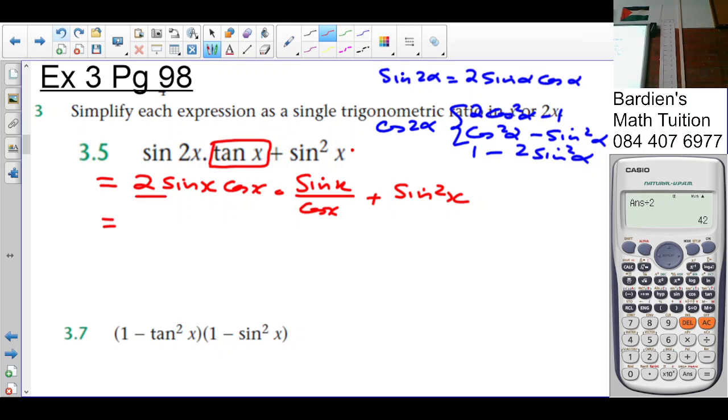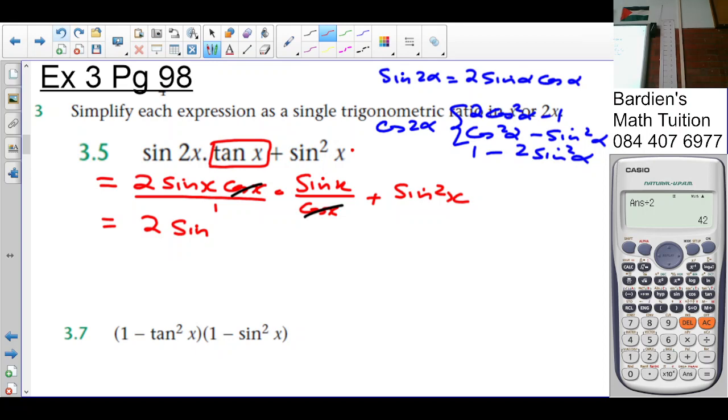So what can happen now? What cancels? Cos x, nice. Cos x cancels cos x, so what are we left with? 2 sine x times sine x times sine x.